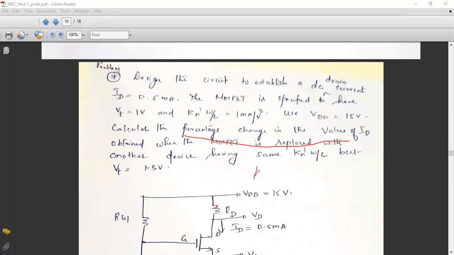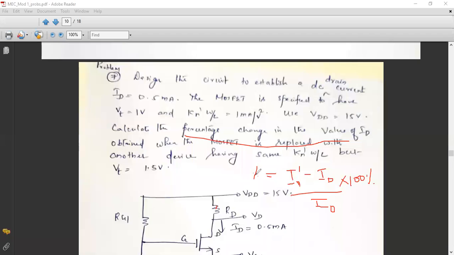The final value is ID dash, that is, after replacing with the new MOSFET, you have found the new value of ID. So ID dash minus the initial value ID that is given to you, 0.5, divided by initial value into 100. This will be the percentage change.